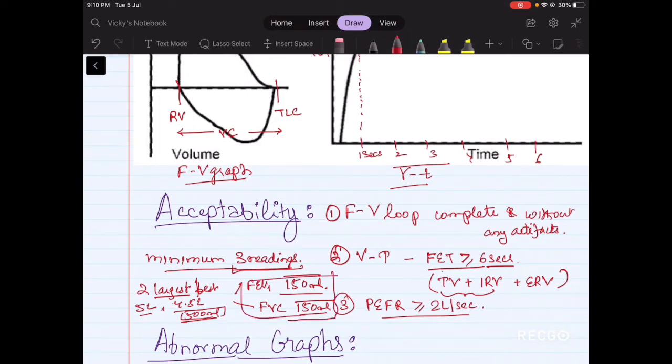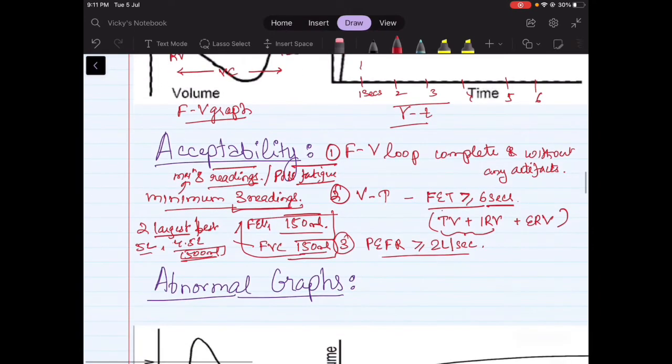Minimum 3 readings. Maximum you can take up to 8 readings, or until the patient is fatigued, that is, he cannot do further spirometry, right? So maximum readings 8 and minimum readings should be 3.